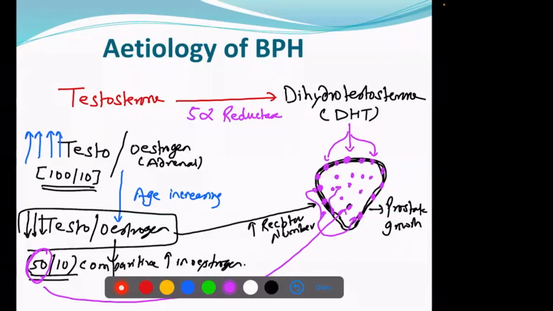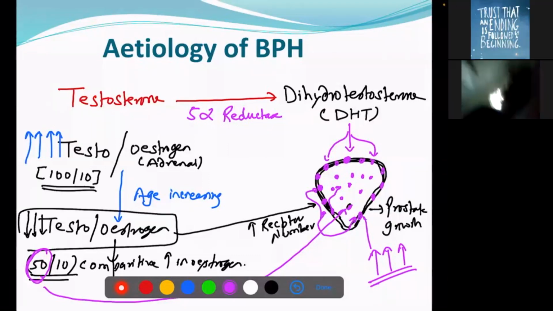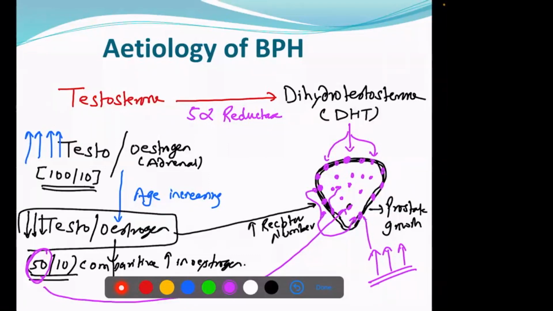So in old age, due to the increase in the number of receptors, even though the testosterone level is decreased, the activity of testosterone increases, such that at old age the prostate size gradually increases. If you just think normally, old age testosterone should decrease, so once testosterone decreases, dihydrotestosterone also decreases, then prostate size should shrink, not increase.